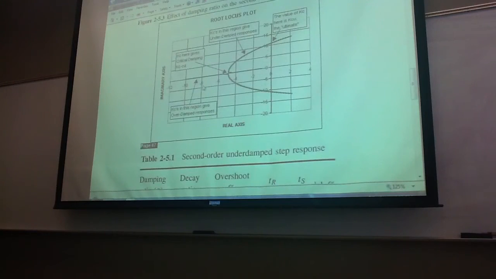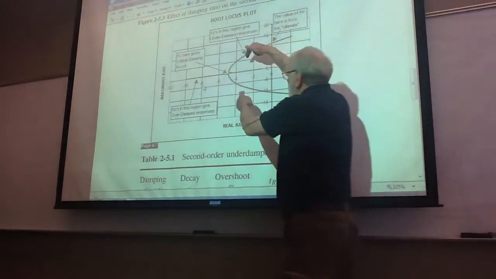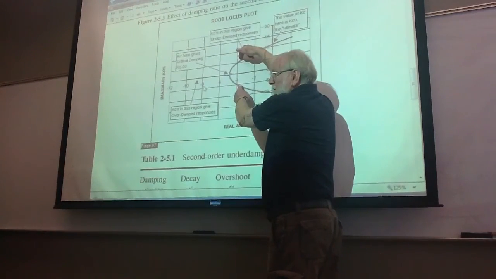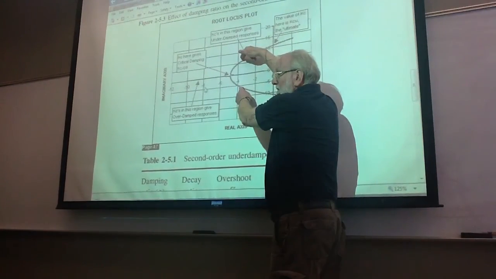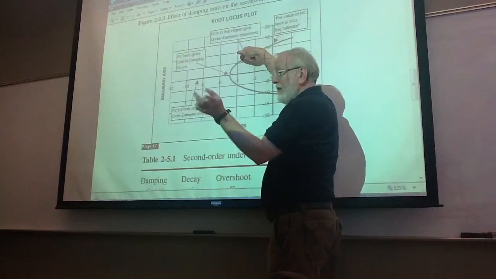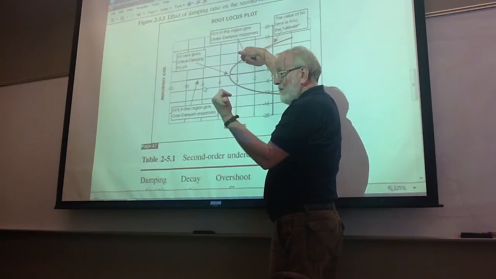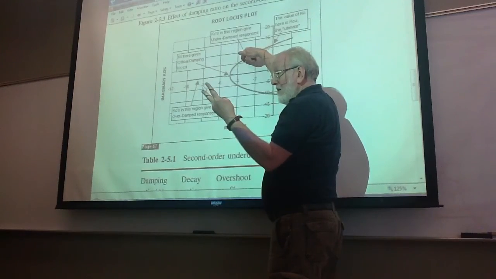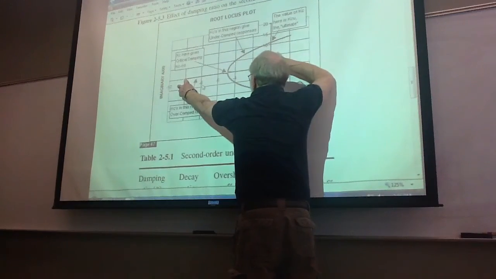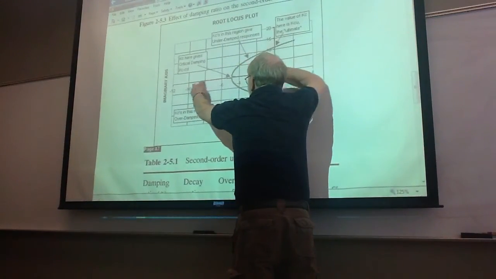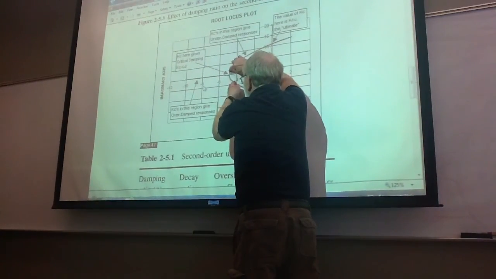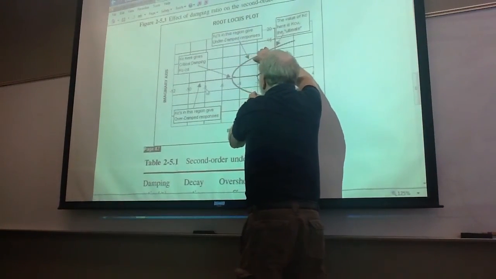Every value of KC you plug into that equation that you derived or I gave to you gives you two roots. Sometimes they're both real, in which case they're along this line. Sometimes they're both complex, in which case they're conjugates of each other and they go along here.